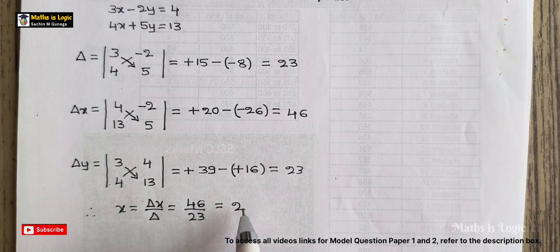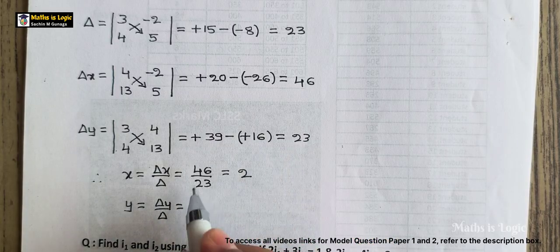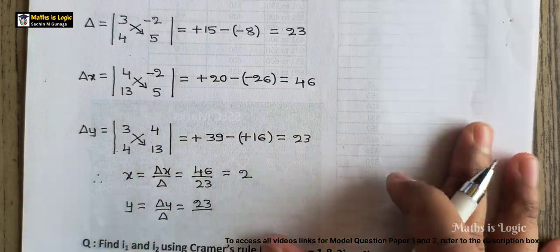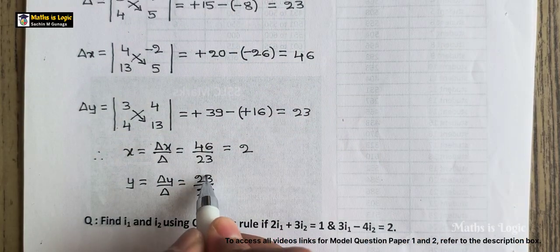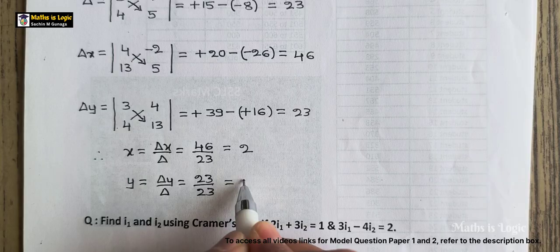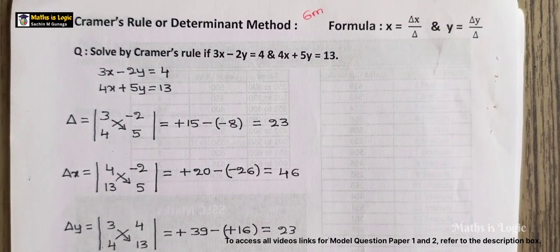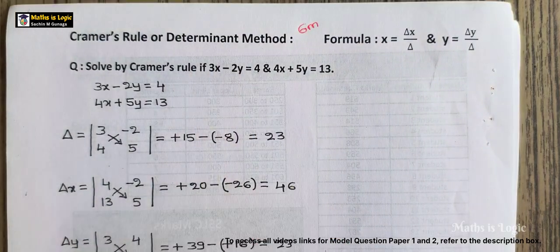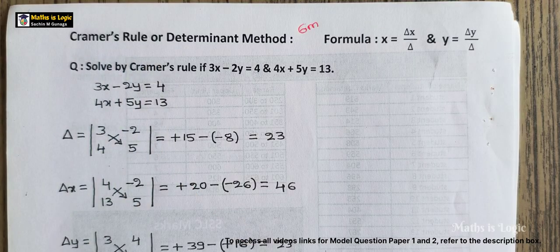So write here 2. Next, the y value. The formula for y is delta y divided by delta. What is delta y? 23 divided by the delta value, 23. So 23 divided by 23 is how much? 1. Therefore x is 2, y is 1. This method is what we call the determinant method, or Cramer's rule.